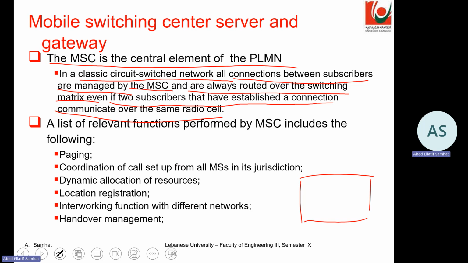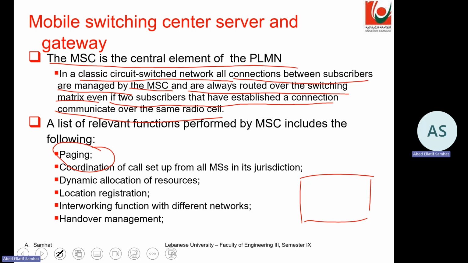So what are the relevant functions? The relevant function is first paging. And what's paging? Paging is the operation to find a mobile device in a certain area of the network.